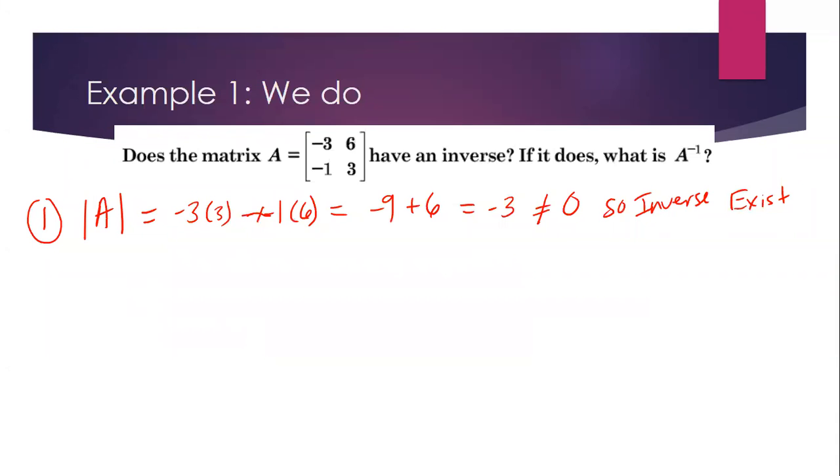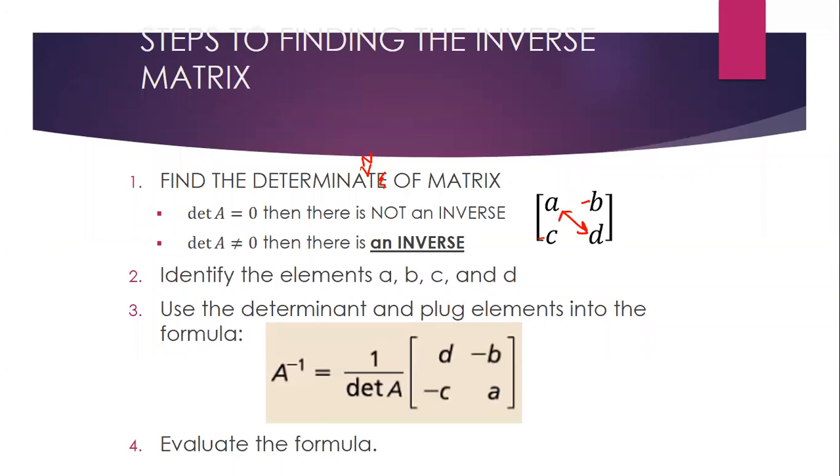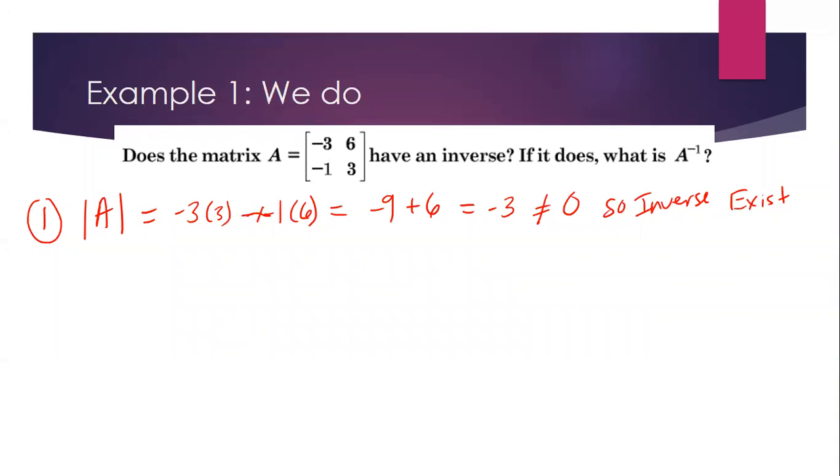Questions about step one? Cool? All right. Step two told us to identify the elements. So you're making sure you know what your elements are. If you want to write them out, you can: A equals -3, B equals 6, C equals -1, and D equals 3. Step 3 is plugging everything into the formula.